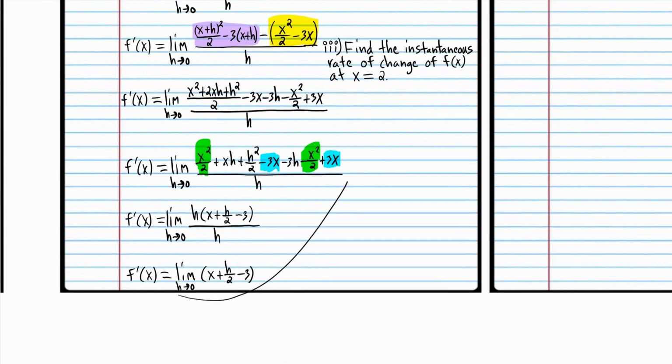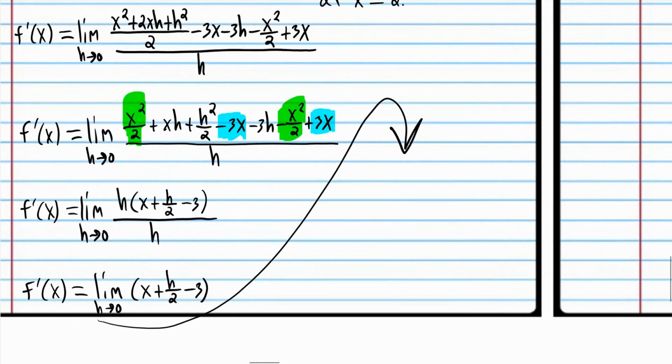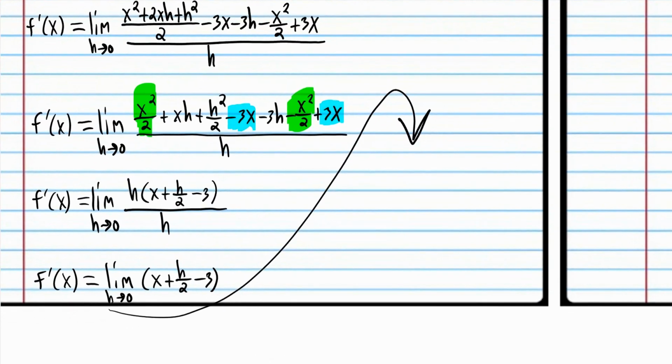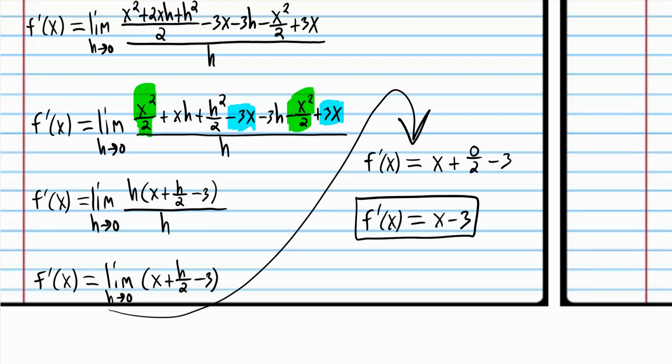And so now we can let h be 0. Once we do that, we can get rid of the limit notation, and we end up with x plus 0 over 2 minus 3, which is x minus 3.